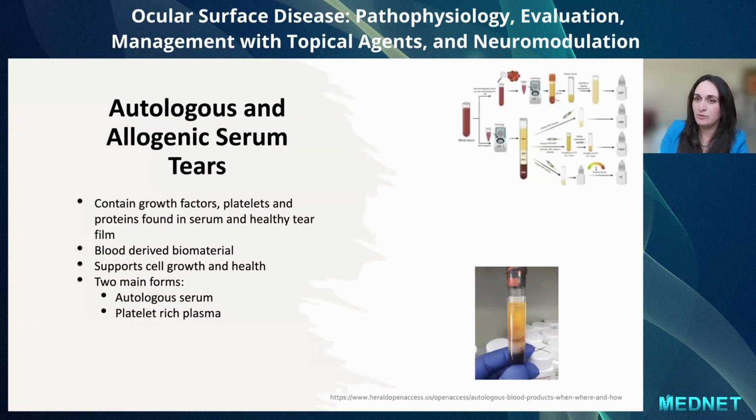But basically, the patient has their blood drawn, it's spun down, you take the serum, and then you mix it at different concentrations with either preservative-free artificial tears or balanced salt solution, and the patient keeps it in the freezer and slowly uses it as needed.